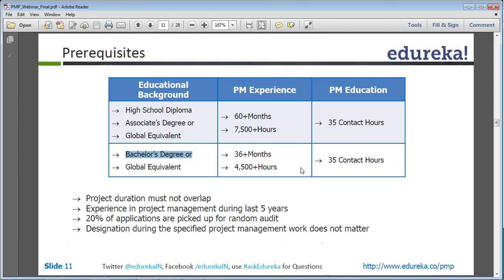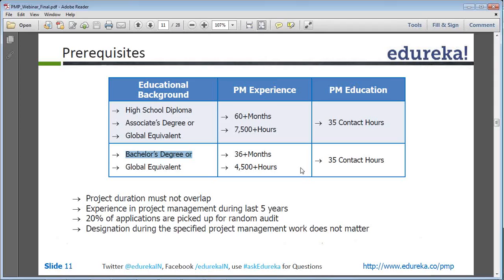We will talk about this a little bit more once we get into the form, how to fill it up and how to do it. Project duration must not overlap. What it means is, suppose a person is working on multiple projects, let's say 2 projects, from the period 1st of September to 30th of September.